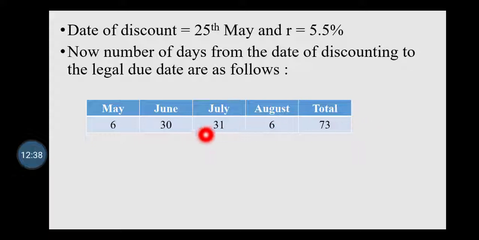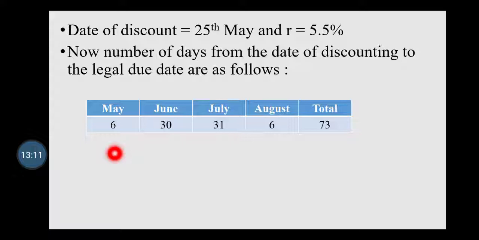Okay. As this bill is discounted on 25th May and we know that May has 31 days, so while counting the days, we should consider 6 days from May, June 30 days, July 31 days, and as the legal due date of the bill is 6th of August, we should consider 6 days from August.